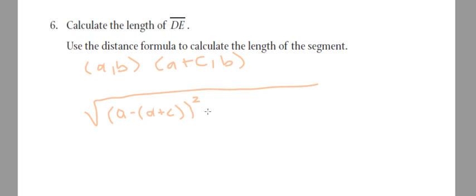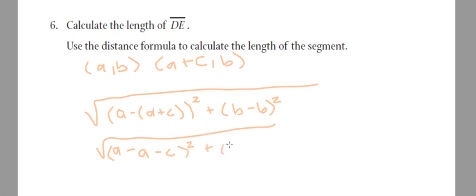And this, because that's the differences in my x's, I'm going to add that to b minus b squared. So this is a minus a minus c squared plus 0 squared. Remember, this is distributing a -1, so that's a minus c.